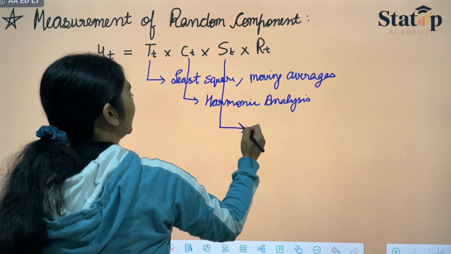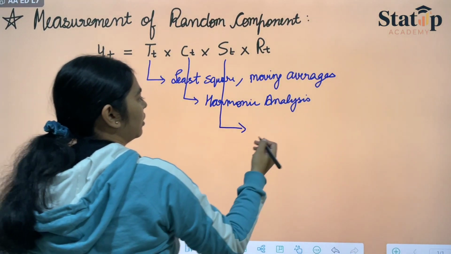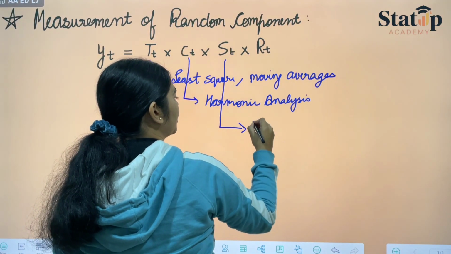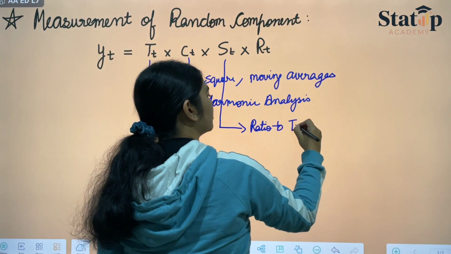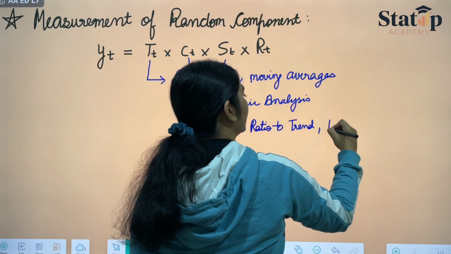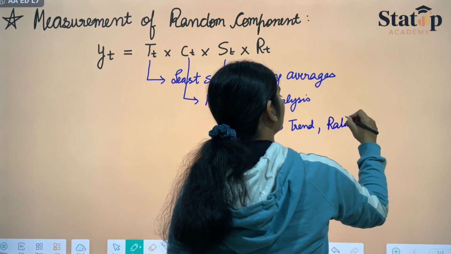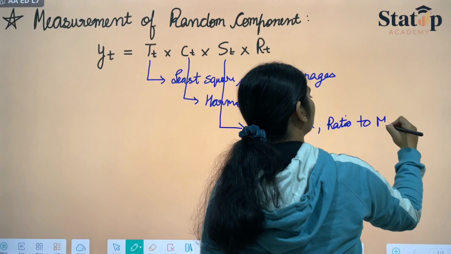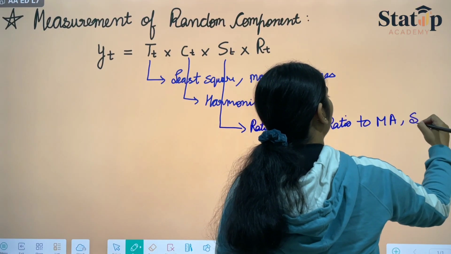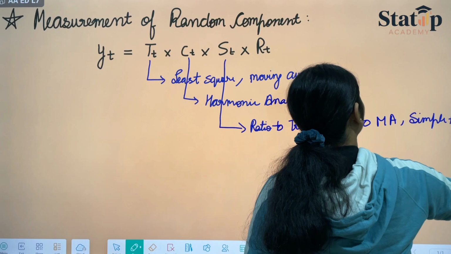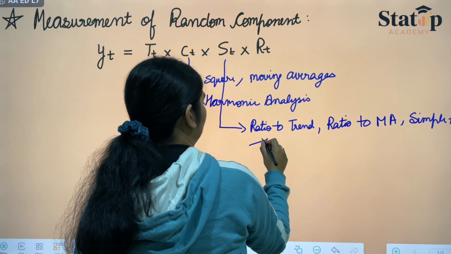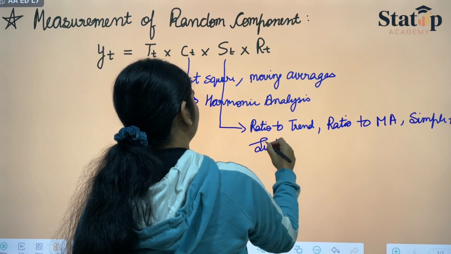Seasonal we have done by moving average, ratio to trend, ratio to moving average, simple average method, and link relative method. These four we have done.